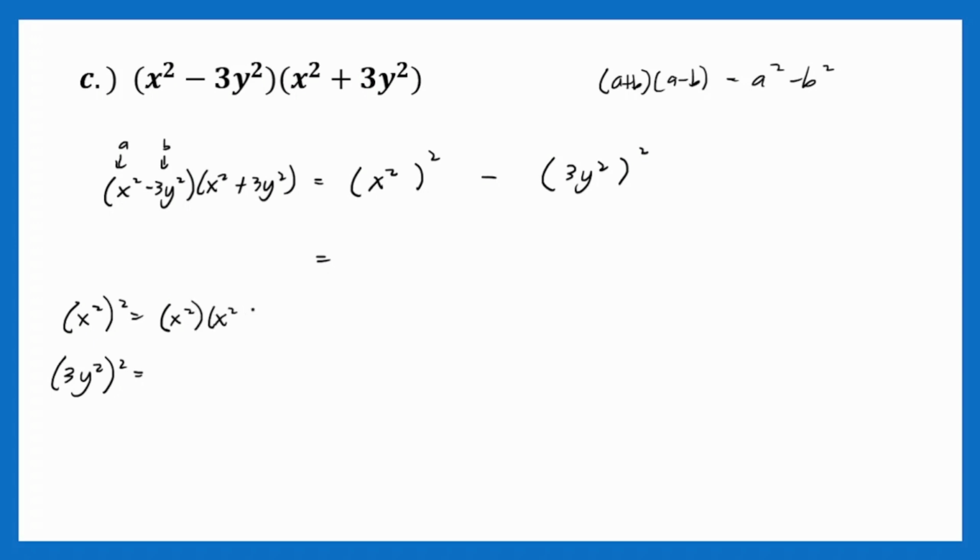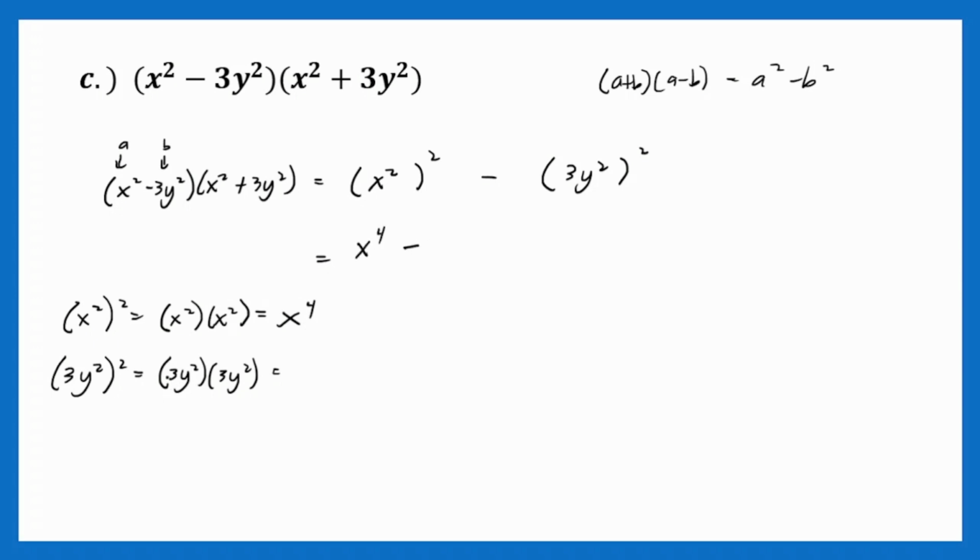So, ganito siya. X squared times x squared. Okay? 2 beses. Kagaya nito, 2 beses din. 3y squared times 3y squared. So, since pareho ang base, x times x, pwede yung magsama. I-plus mo lang yung exponent. 2 plus 2, that is 4. So, we have here x raised to 4.